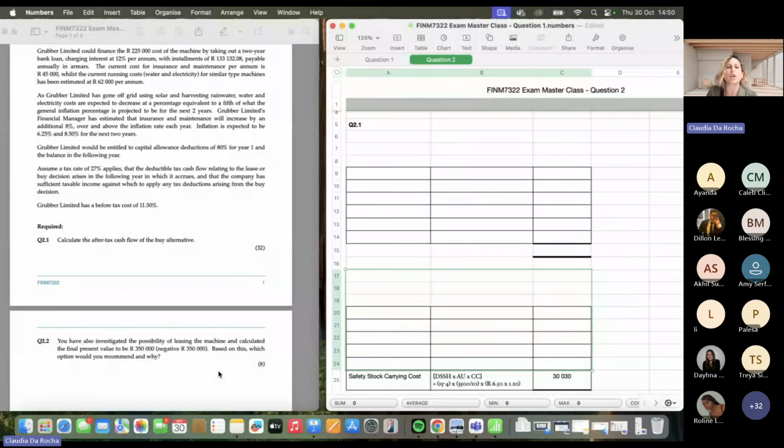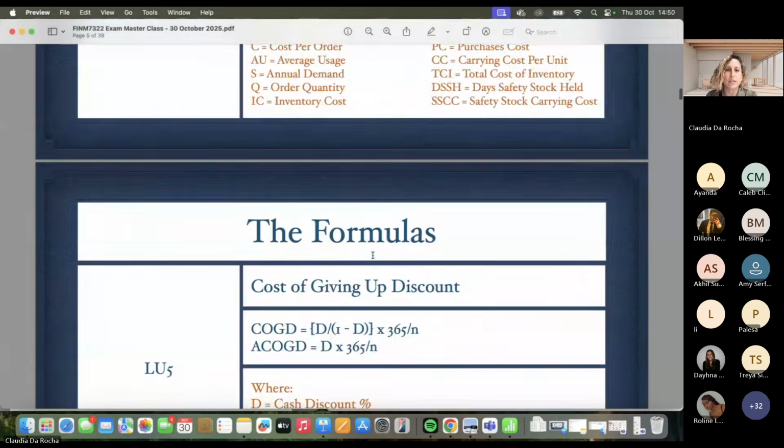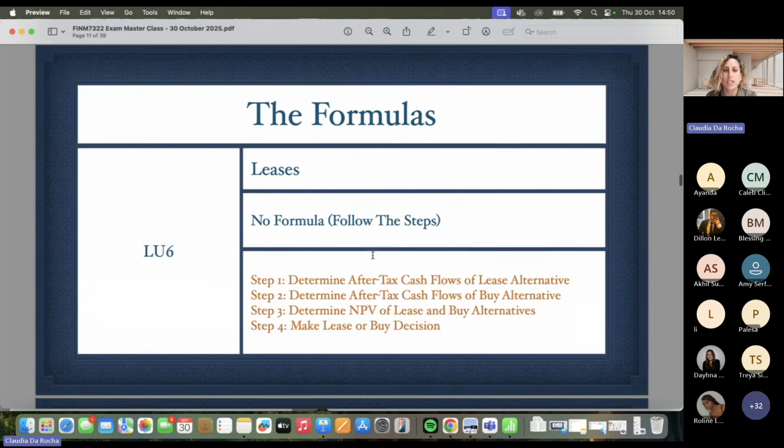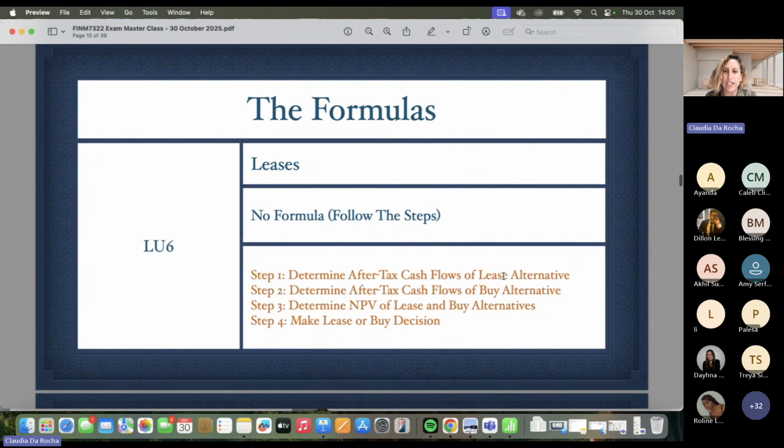Okay, so second part. You have also investigated the possibility of leasing the machine and calculated the final present value to be negative 350,000 Rand. Based on this, which option would you recommend and why? So here, they've already calculated the lease option and they're asking you to compare. So if I go to my formulas and we go to leases, remember I said determine after-tax cash flow of the lease alternative, determine after-tax cash flow of the buy alternative, determine NPV of lease and buy, make lease or buy decision.